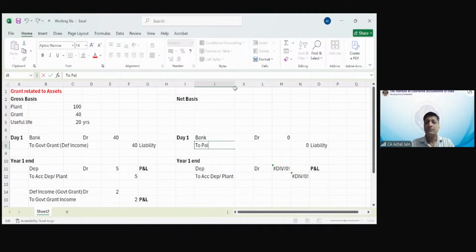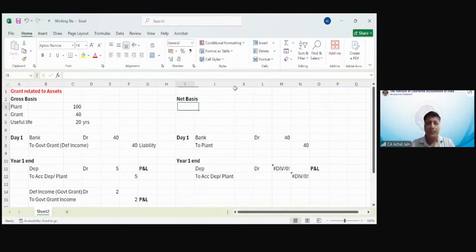Asset. It means we will reduce the value of the asset by the amount of the grant. We will reduce the grant amount from the value of the asset.